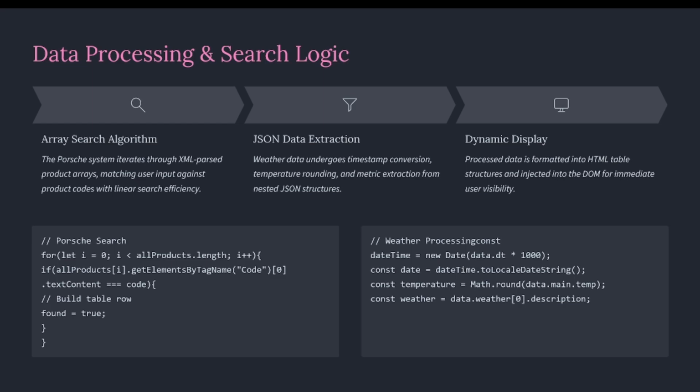Weather processing. Const dateTime equals new Date. What I did is, all these variables here are from the API, and basically it just gets all the date, time, temperature, and weather, and so on.